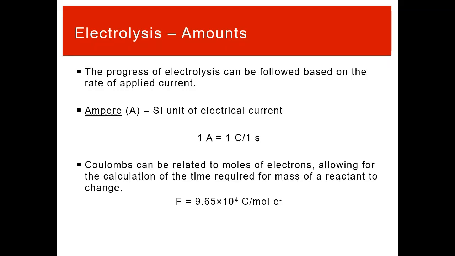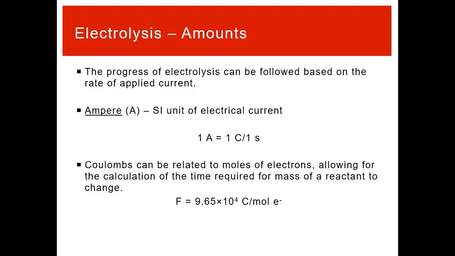And 1 amp of current is 1 coulomb per 1 second. 4 amps of current is 4 coulombs per 1 second. So this tells you the coulombs, which is the amount of charge, per time. How much charge is flowing in, causing your reaction to occur.